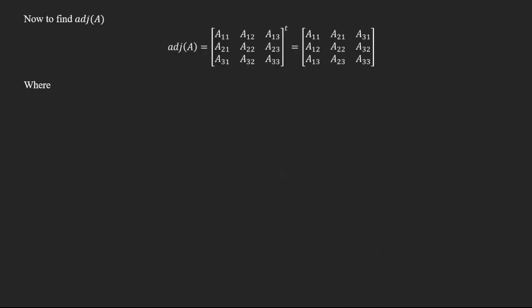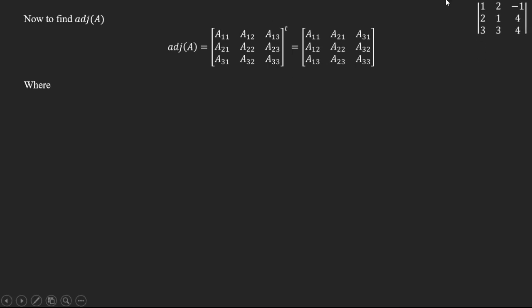Now to find the adjoint of A. The adjoint of A is the transpose of the matrix in which all the entries are the cofactors of those entries. When we take a transpose, we get A11, A21 and A31, and A12, A22 and so on, by changing rows into columns. Now how to find A11, A12, A13 and so on.